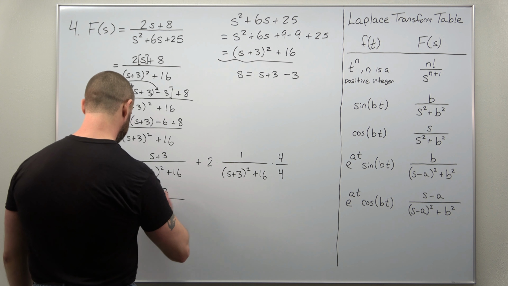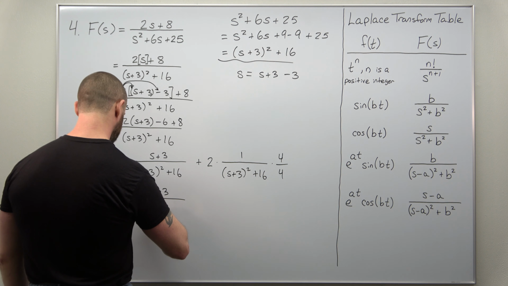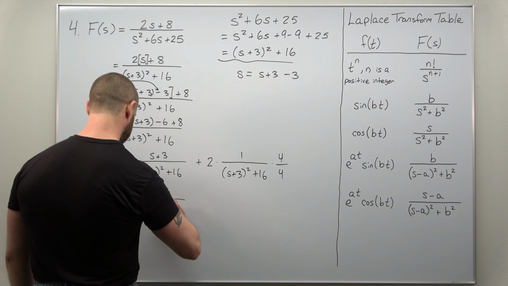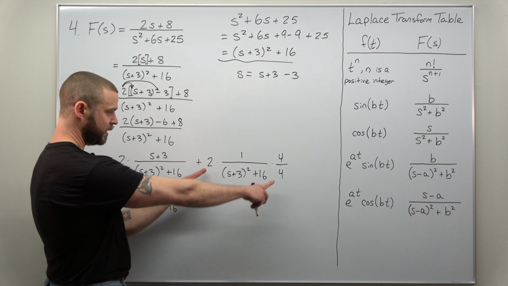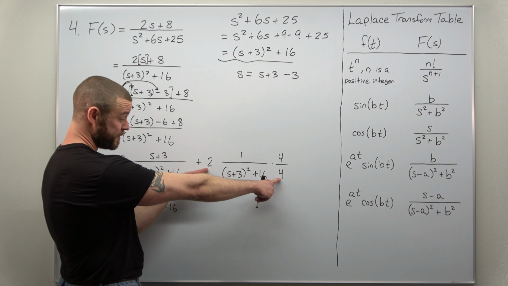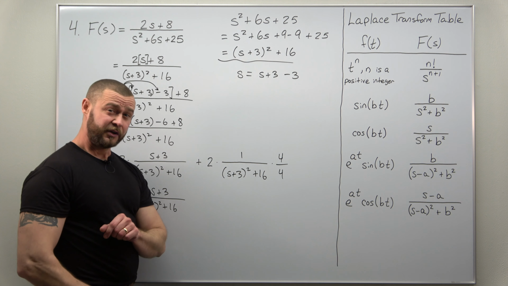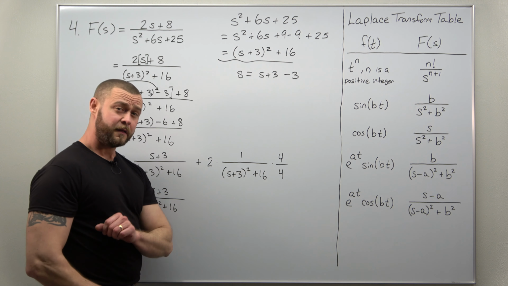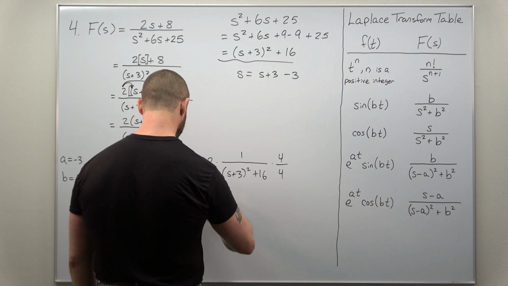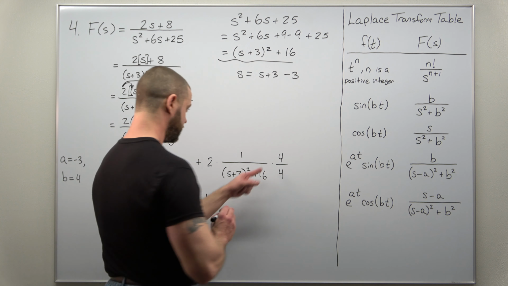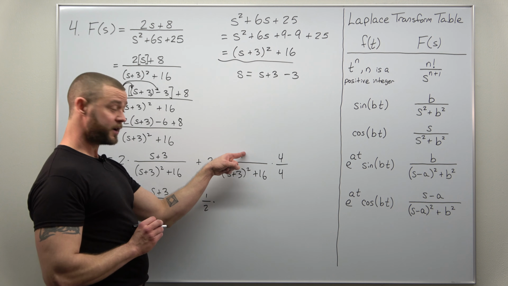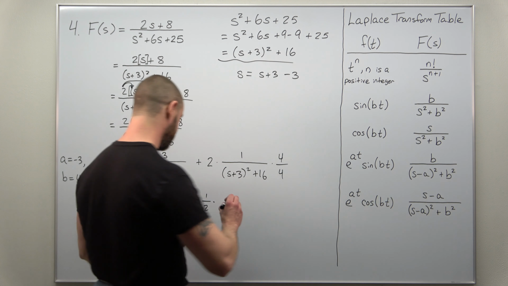We have that as s plus 3 over s plus 3 squared plus 16. And again, I'm going to pull the 4 in the denominator out front. 2 over 4, that becomes a half. And the 4 here, we're going to think of that as being in the numerator.